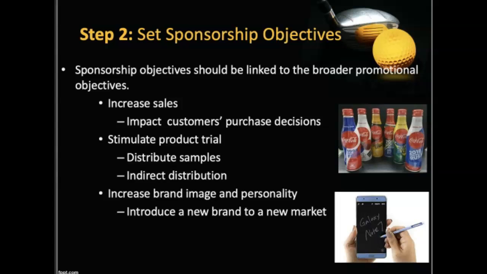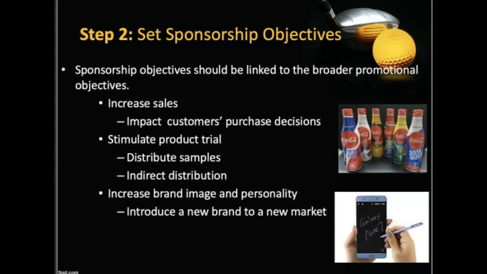So that's direct distribution. We also have indirect distribution, where we can get the database and mail the sample to them and ask them to provide some feedback to us.